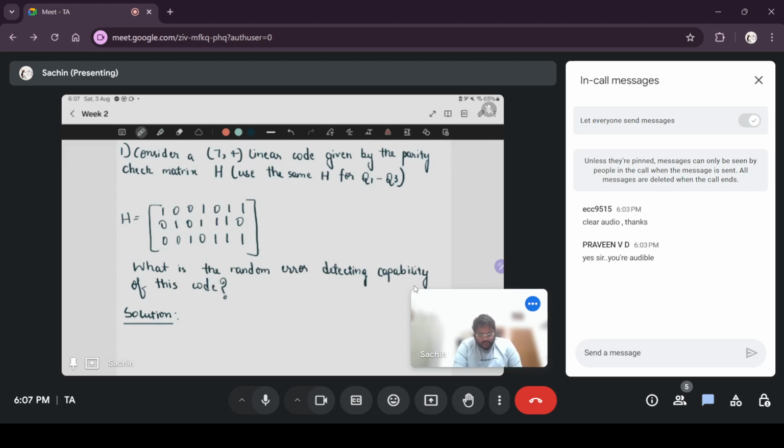So you have a (7,4) linear code with a parity check matrix as given. You have to find out how many bit errors it can detect. So this is not error correcting capability, it is error detecting capability.